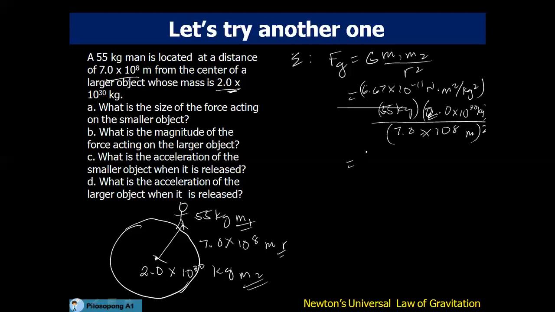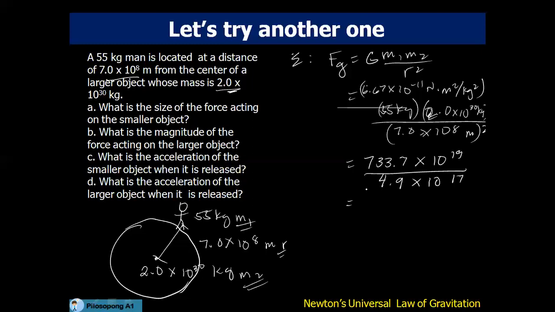So let's compute this: 6.67 times 10 raised to negative 11 multiplied by 55 and 2. So we get an answer of 733.7 times 10 raised to 19, and then the square of the distance is 4.9 times 10 raised to 17.